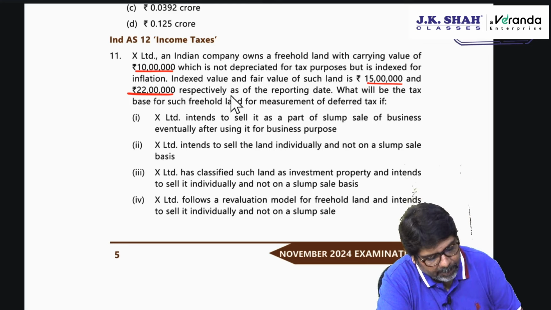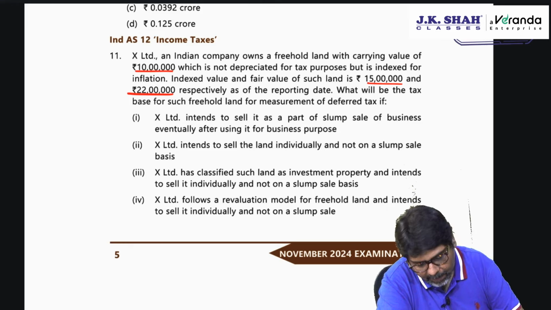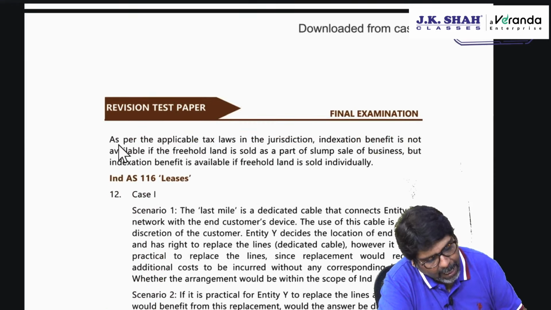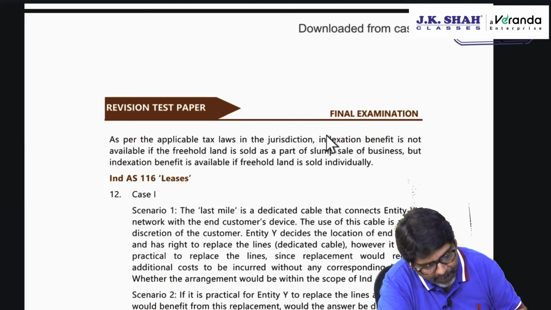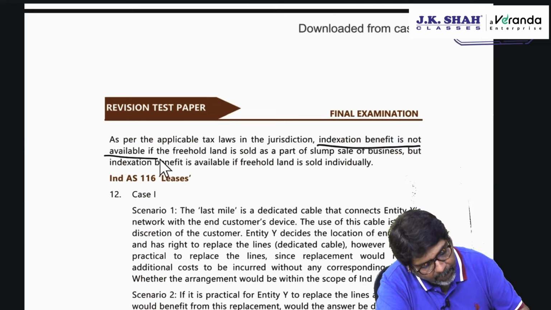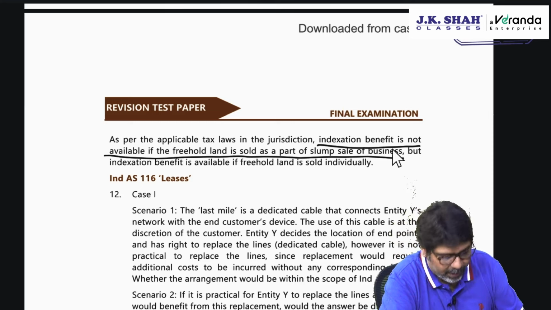Correct? Respectively, on the reporting date, what will be the tax base for such land for the measurement of deferred tax? X Limited intends to sell it as a part of slump sale. As per the applicable tax laws in the jurisdiction, indexation benefit is not available if the freehold land is sold as a part of slump sale. So this is a provision that we would have known earlier only.